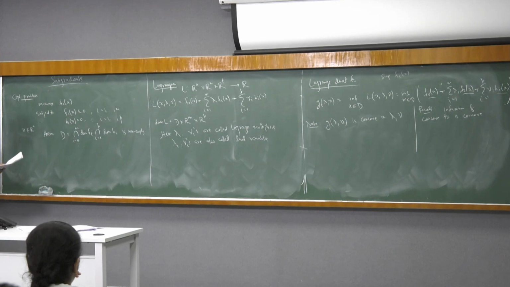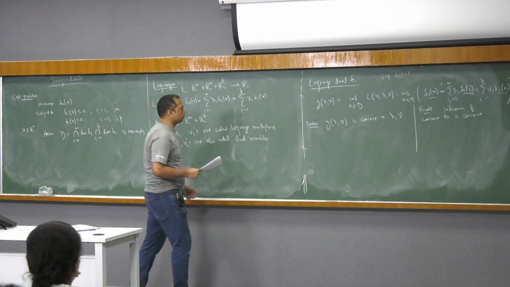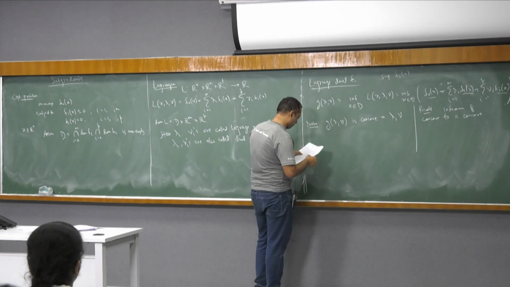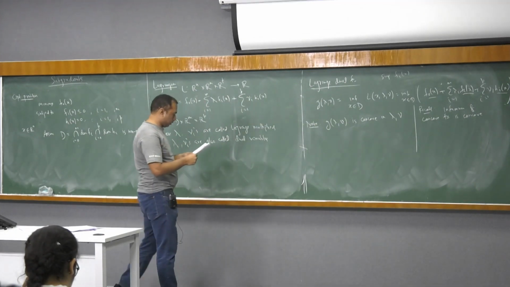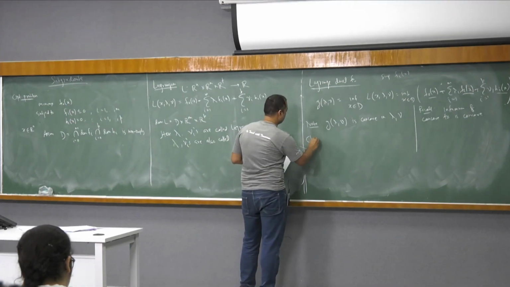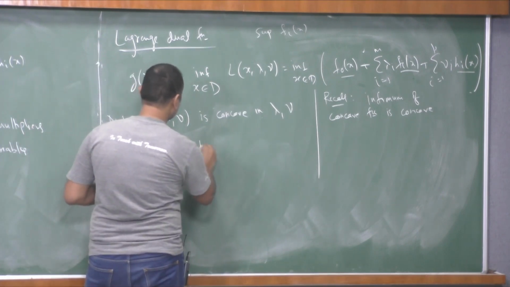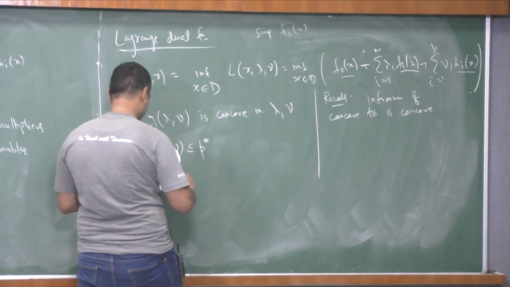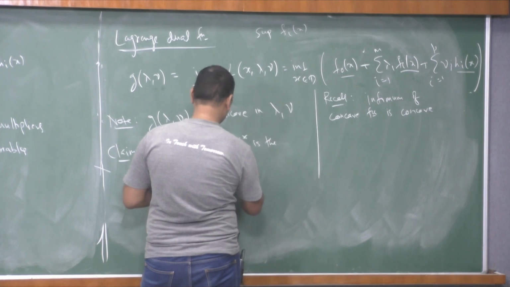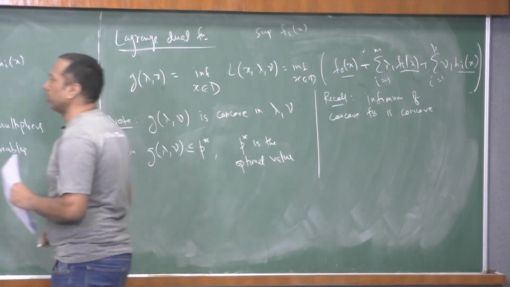So let us look into lower bounds of the dual function. Let us understand this function a little bit. The claim is that g(lambda, nu) must be less than or equal to p star, where p star is the optimal value of the original optimization problem.